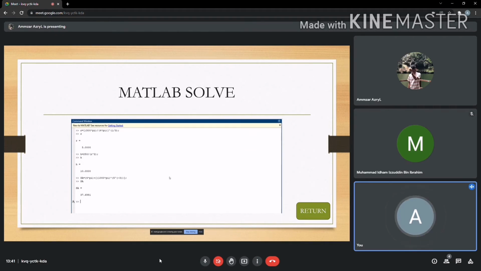Then for the surface area equation, we put 4 times pi plus 1000 times pi times 5 to the power of -3, and then we get 37.6991, that is 12 pi.